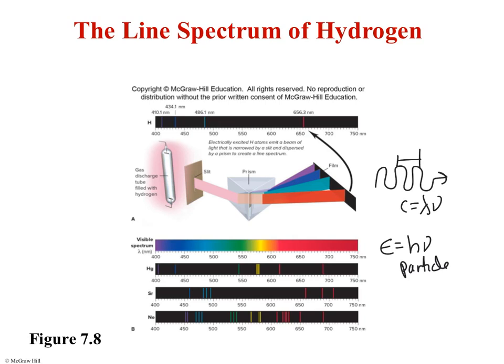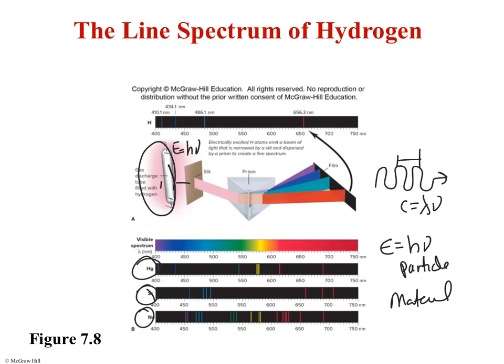when light hits different elements, different materials, it actually gives off these line spectra. If you have mercury, you're going to have to heat it up. You put it in there and they give off energy, E equals h nu.